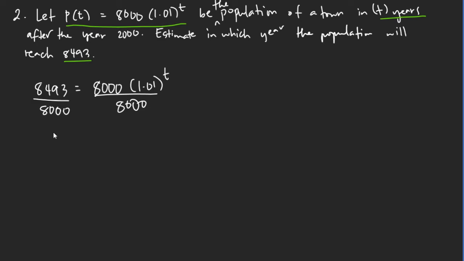On the left, 8,493 divided by 8,000, that is equivalent to 1.061625. On the right, we're just going to cancel out 8,000. So we are left with 1.01 raised to t. Okay, now, let's identify which is e, which is t, and which is b.